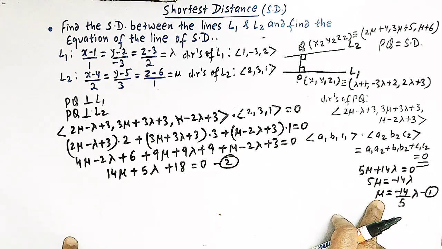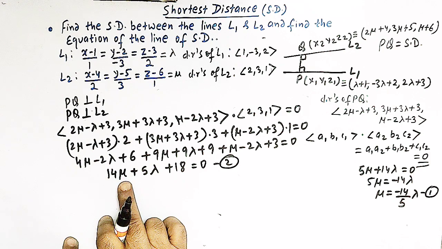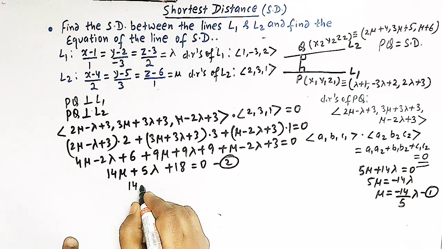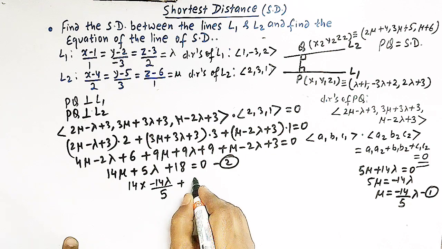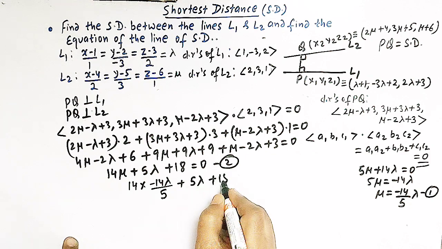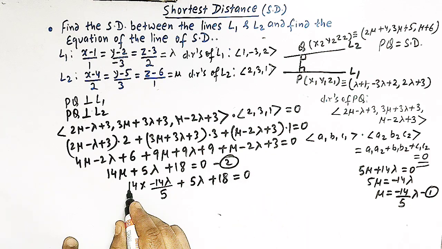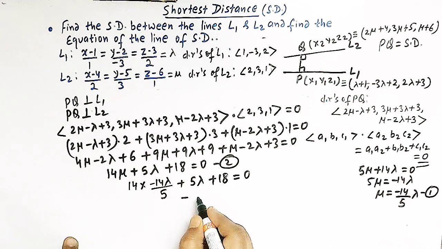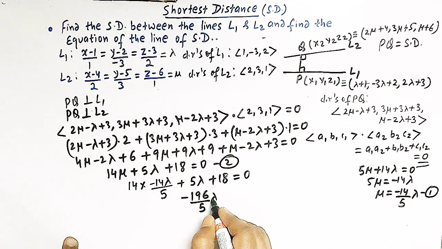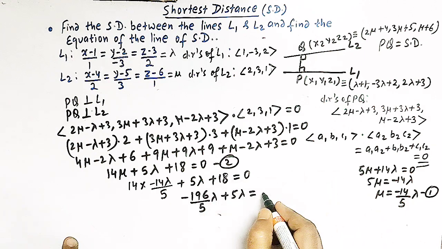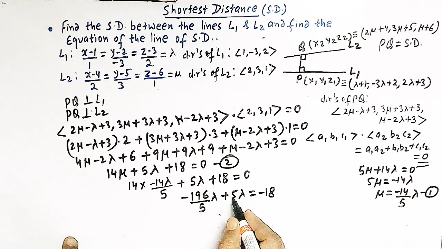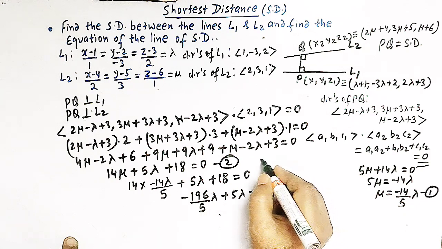So now substituting this value of mu in equation 2, we have 14 times minus 14 lambda over 5, then we have 5 lambda plus 18 is equal to 0. So 14 times 14 is 196 over 5 lambda plus 5 lambda, and we can take 18 to the right hand side. So we have minus 18. So now 5 times 5 is 25.